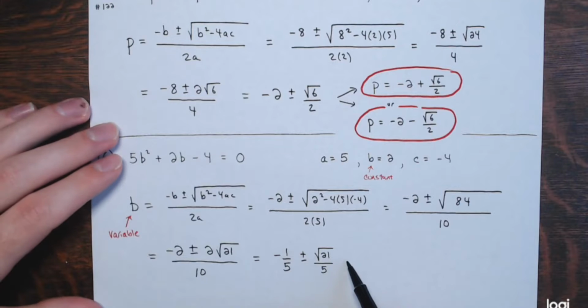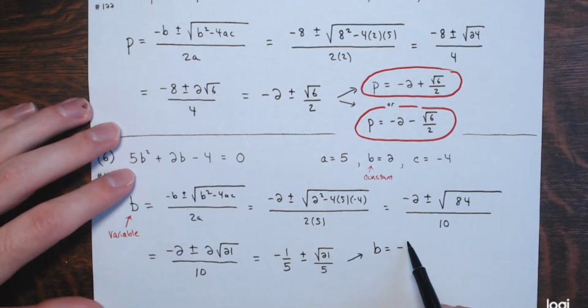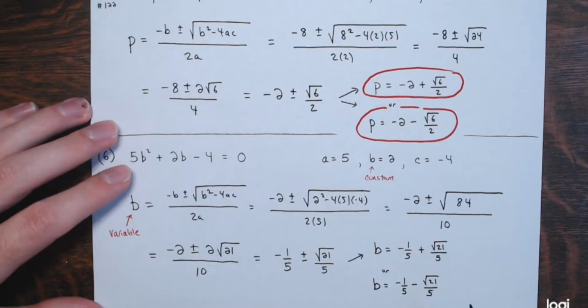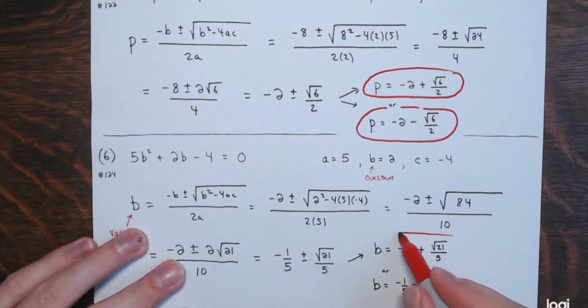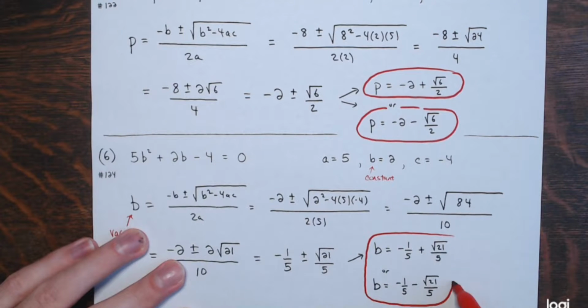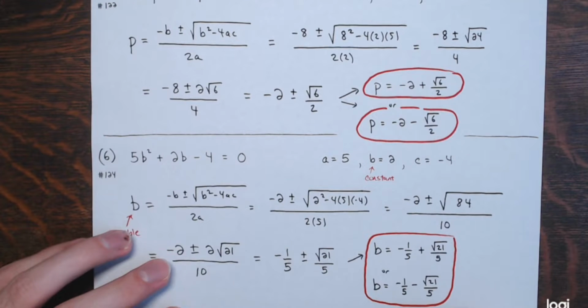So my solutions here are, b equals negative 1/5 plus the square root of 21 divided by 5. And the other solution would be negative 1/5 minus the square root of 21 divided by 5. And once again, I leave it to you to check that these are in fact solutions to this equation.